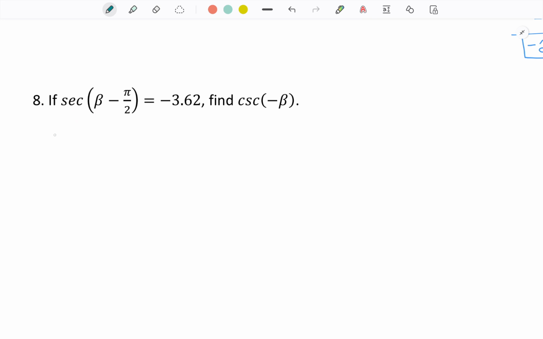So we take secant and factor out that negative. So it's going to be a negative beta now, and then pi over 2 equals negative 3.62. So that negative is going to go out.